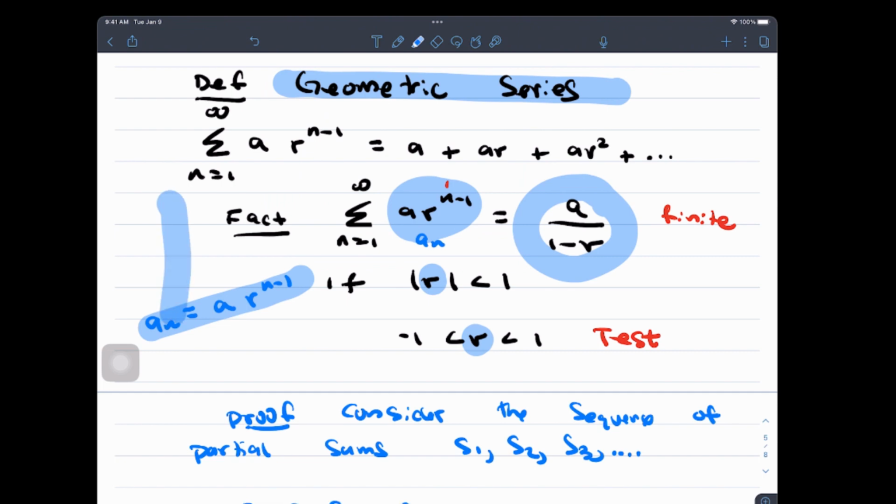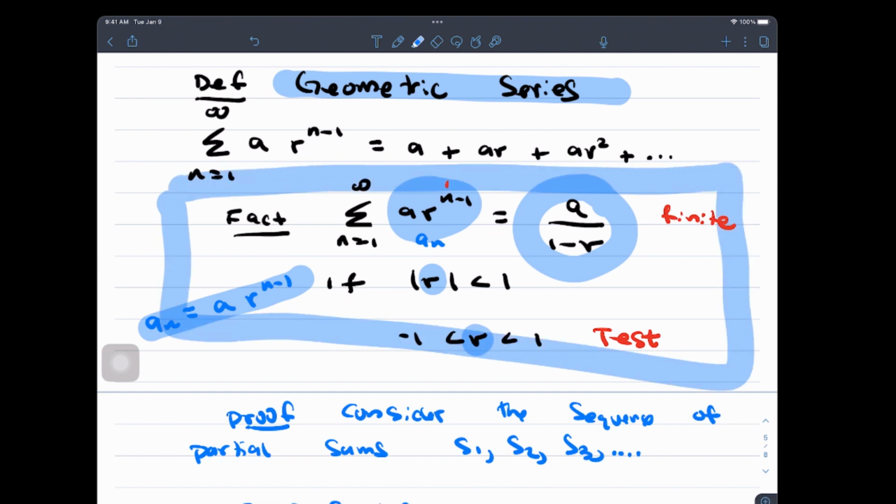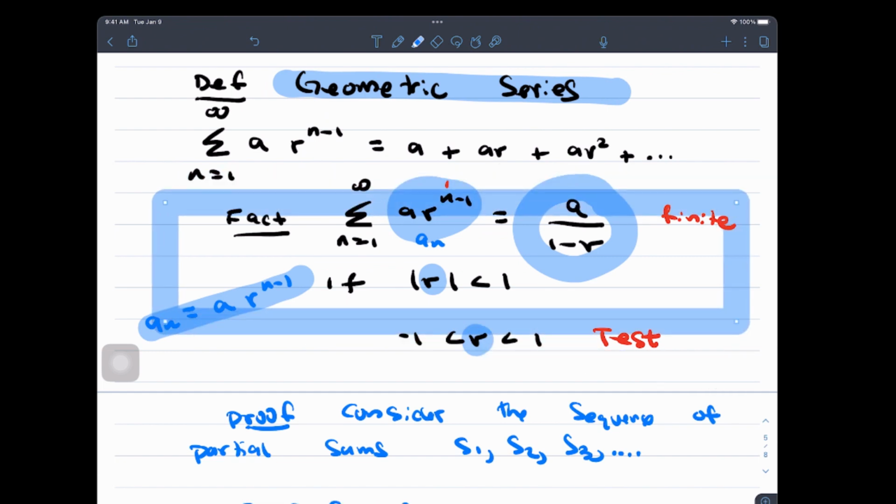And that's important. Now that's your first test, in all honesty, about a series converging. That's the very first test. So, ladies and gentlemen, welcome to series, where you get to look at the sequence of partial sums converging.